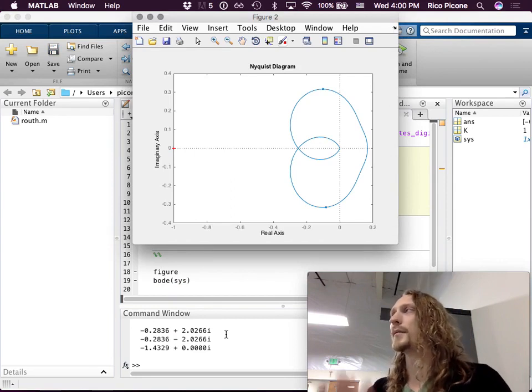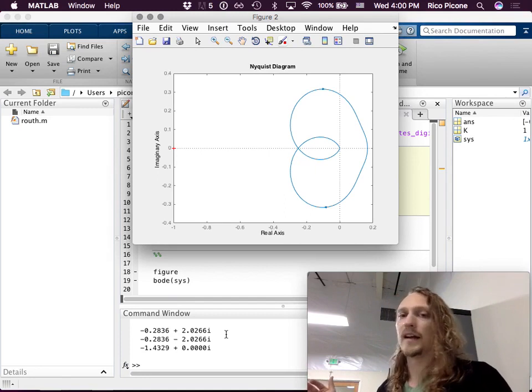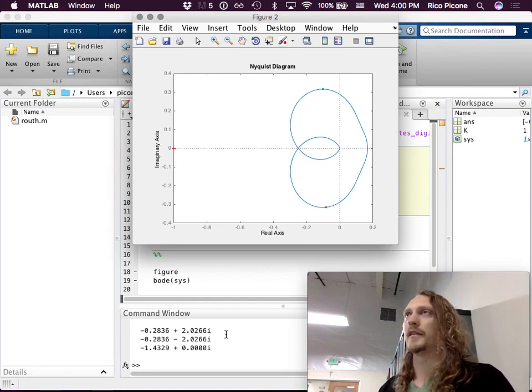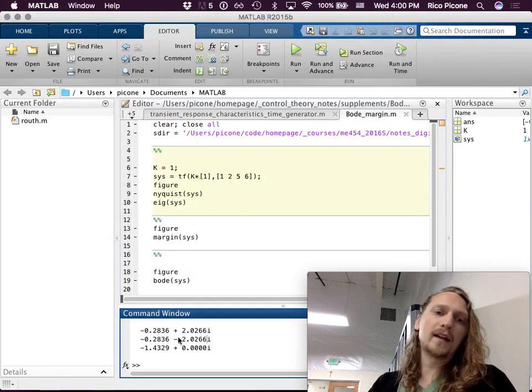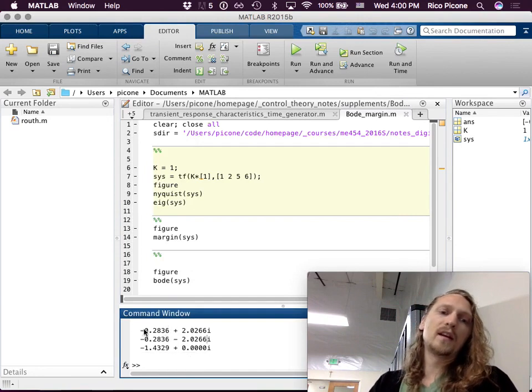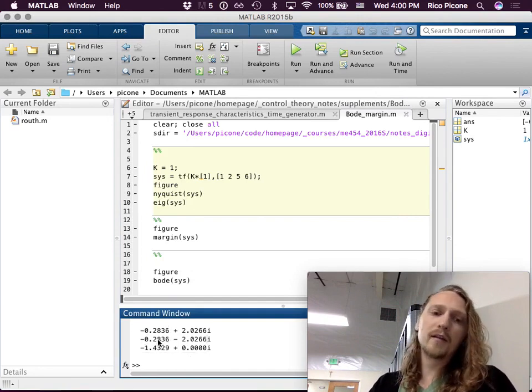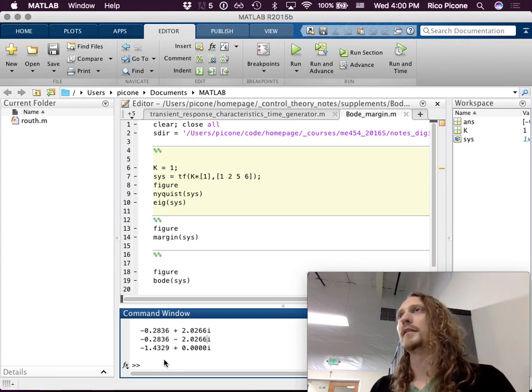So our assumption, if we're going to use Bode plot, is that there are none. So we look at eig of the system, and we see negative real part, negative real part, negative real part. So that's a check. So we've verified that.